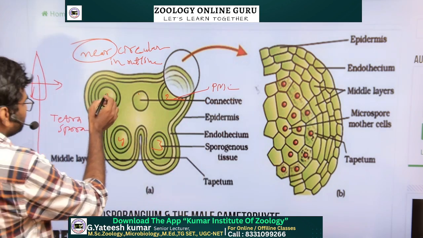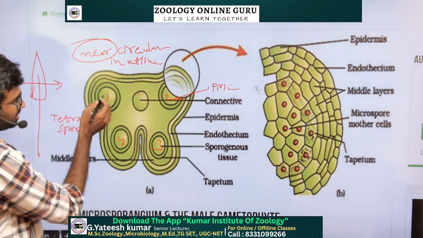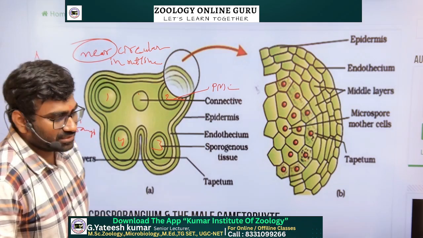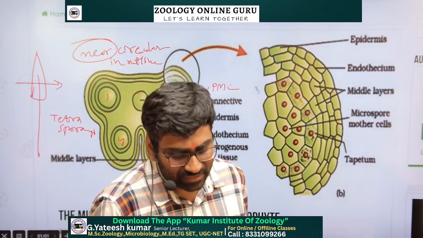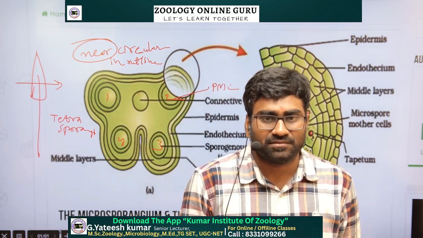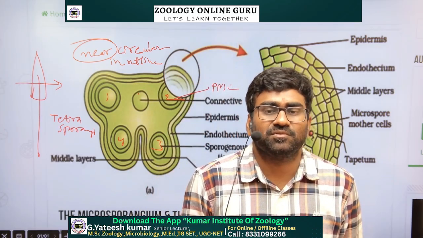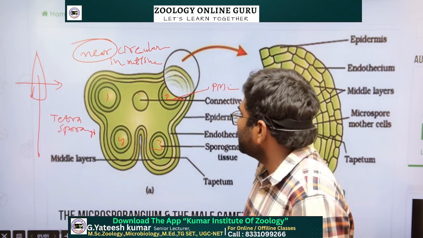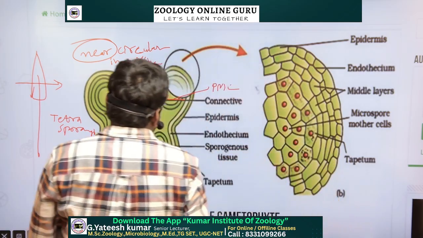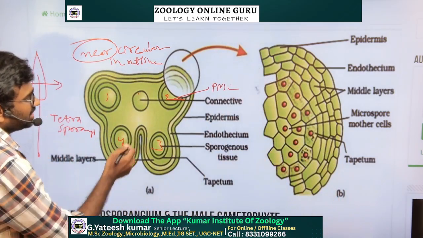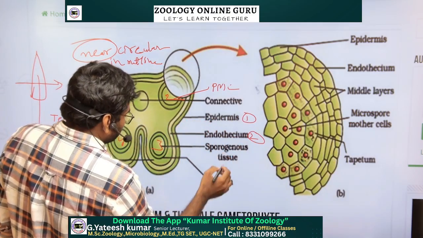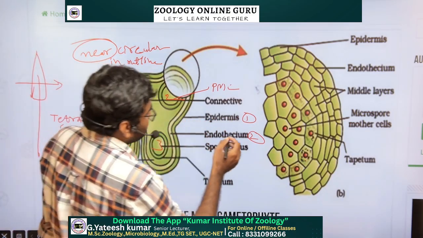So here in the center, when the anther is young, compactly arranged homogeneous cells are present, and that is called the sporogenous tissue, right? It mainly contains four wall layers: epidermis, endothecium, and middle wall layers.